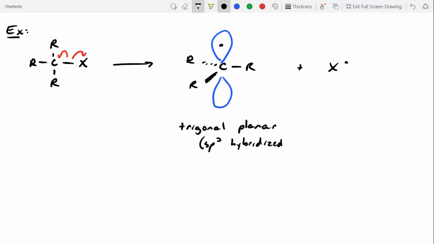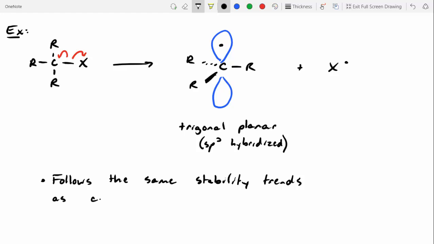So the nice thing with radicals is that they follow the same stability trends as with carbocations. So what's going to be the most stable for a radical? A tertiary carbon or a primary carbon? Tertiary. So we do have to look at the stability trends, and let's make a note of that. It follows the same stability trends as carbocations.